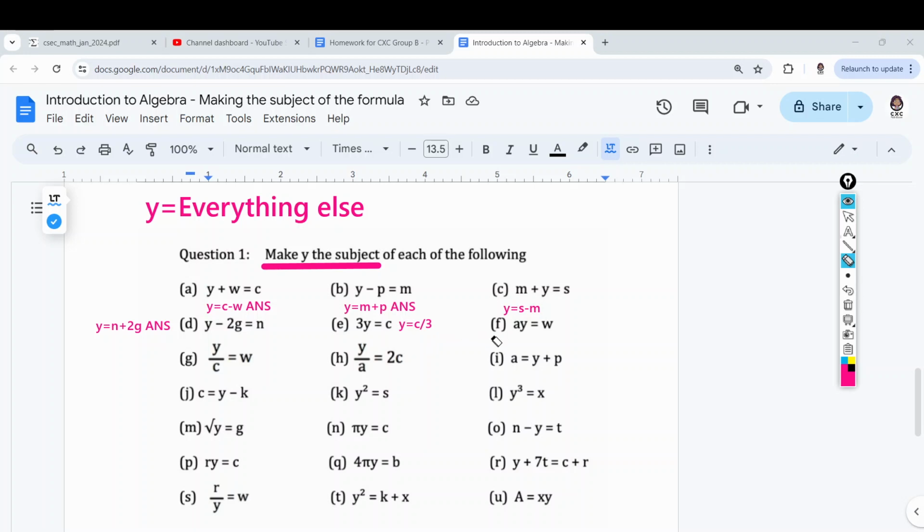Okay, so the next question now says AY is equal to W. So it's the same situation here, guys. We need to get rid of this A here. But how do we get rid of the A? We need to divide both sides by A, just like how we divided both sides by 3 a while ago. We need to divide both sides by A in this case.